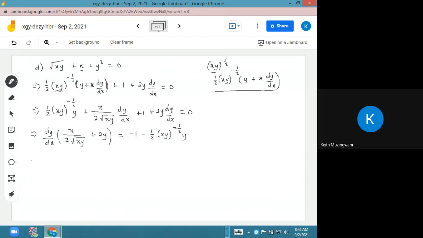And then divide by everything, so dy dx is equal to negative 1 minus half xy to the power negative half y over x over 2 root xy plus 2y.